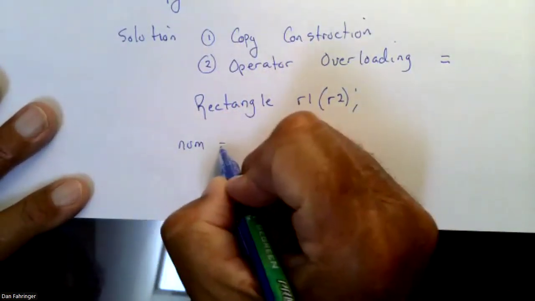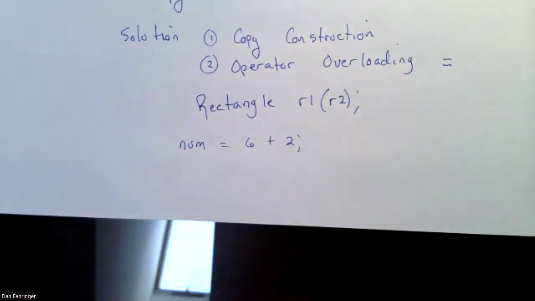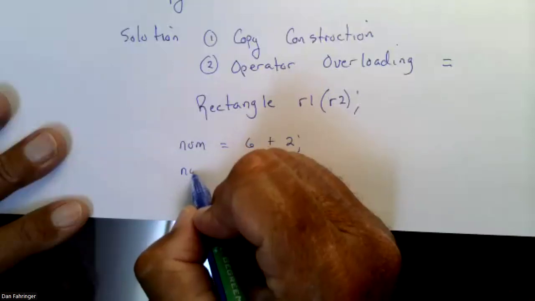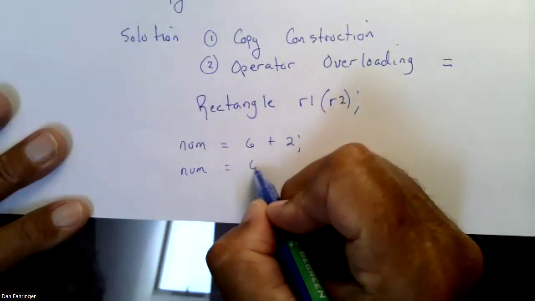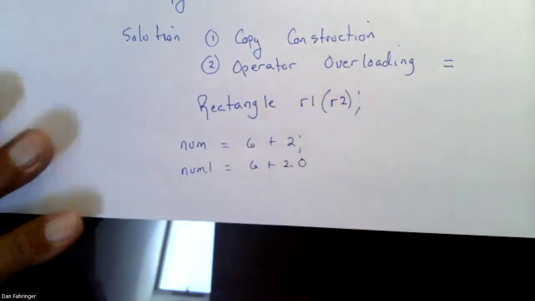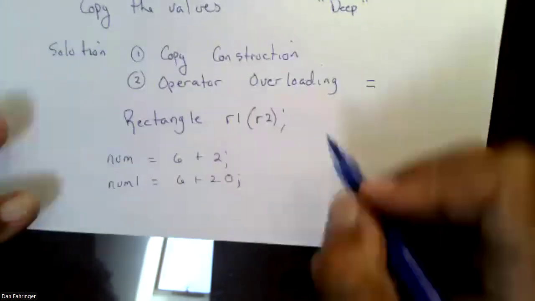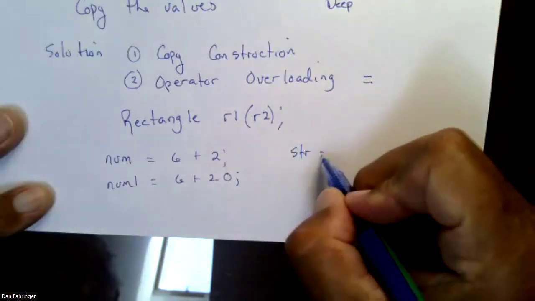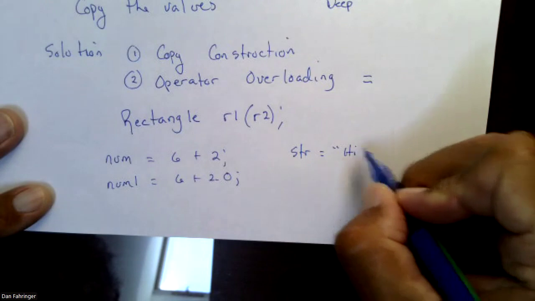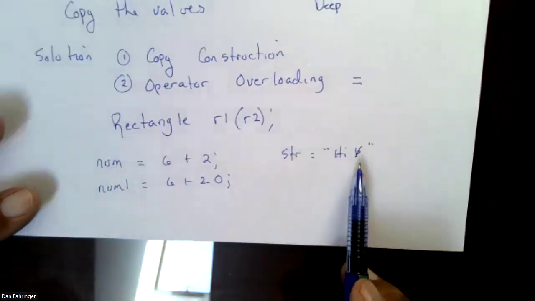Num equals 6 plus 2. Num equals 6 plus 2.0. Let's call that num1. STR equals "hi" plus a space.